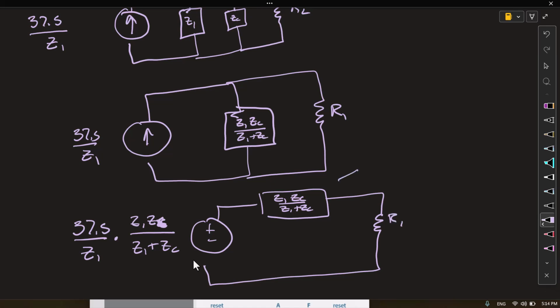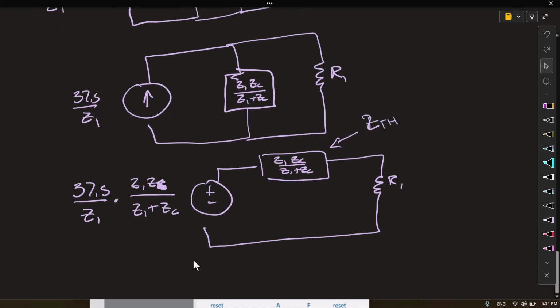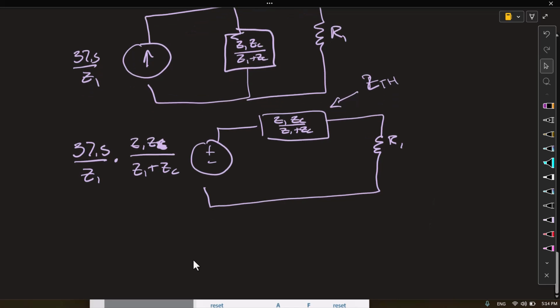And this, of course, was our Z Thevenin that we found before. So what we have over here, Z1 ZC over Z1 plus ZC, that is our Z Thevenin.